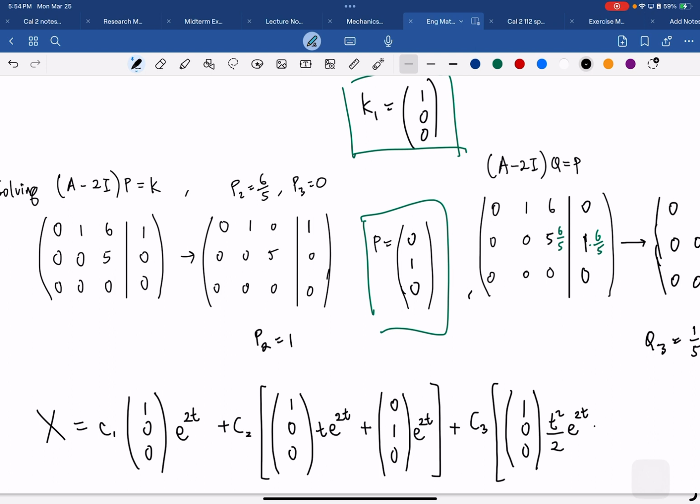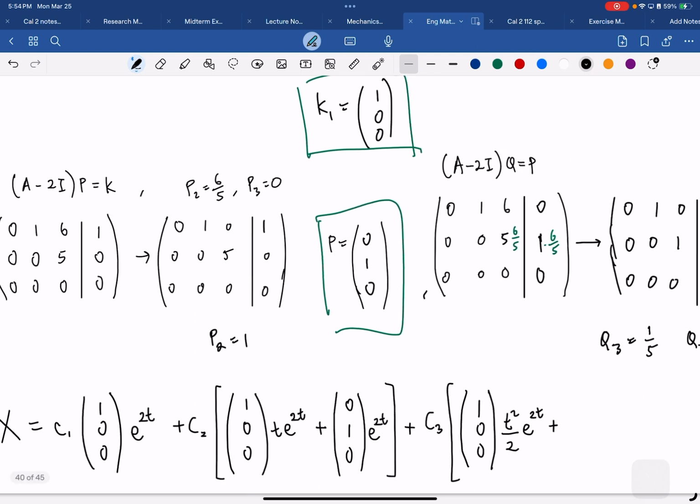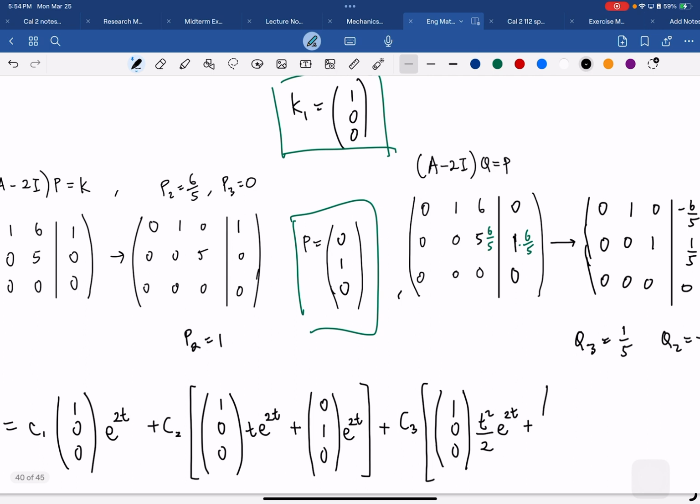And then plus 0, 1, 0. But 0, 1, 0, we have now e. Next one here will be t. So as long as you are recognizing all the patterns, I think it should be okay for the repeated value.